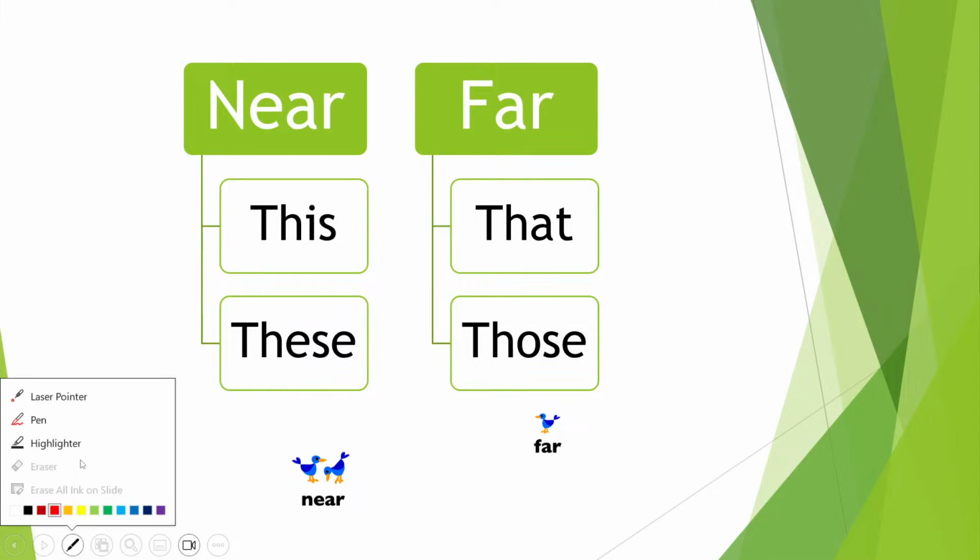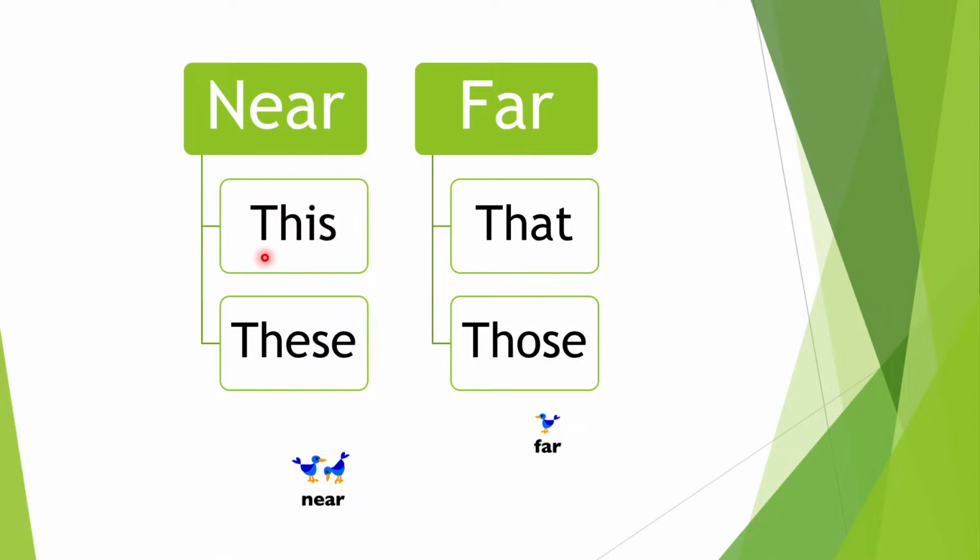Let me change this to the laser. So I can tell if someone is using this or this. Listen carefully to the pronunciation of these two when we are talking about things that are near.